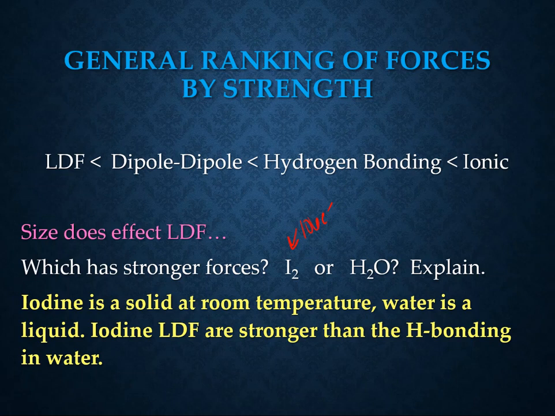It has a very polarizable cloud, and therefore its London dispersion forces are much greater than the small hydrogen bonding forces in the water. Now that's the predominant one in the water. The water also has London dispersion and dipole-dipole interactions. However, because it's so small, those London dispersion forces are going to be much smaller, and that affects the comparison of strength here. So the LDFs are stronger, and we know this because it's a solid. It's holding those particles in fixed positions.